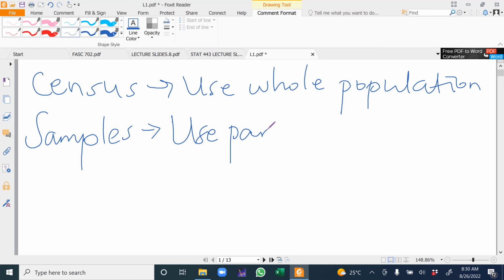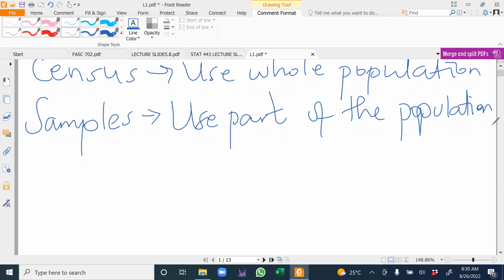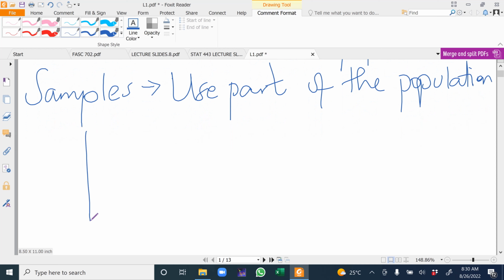So using parts of the population to conduct research, then you are using samples. So what happens is that you have this set of population.